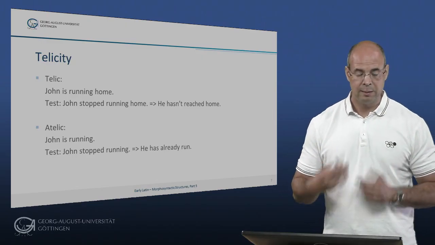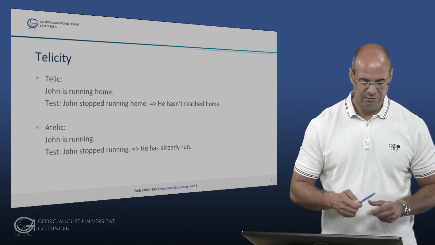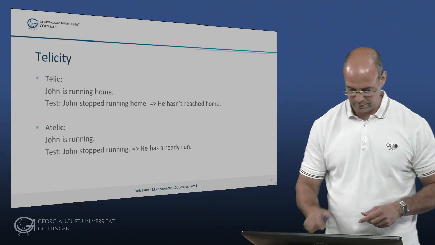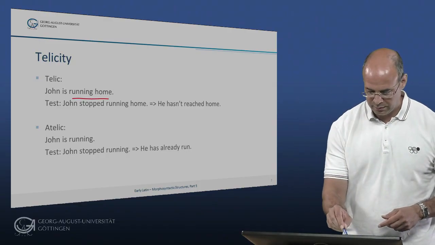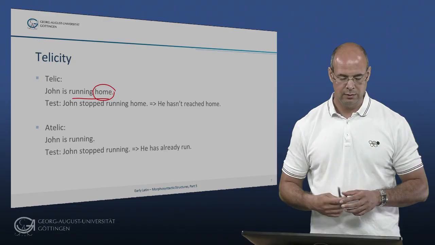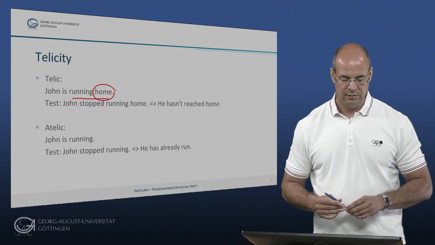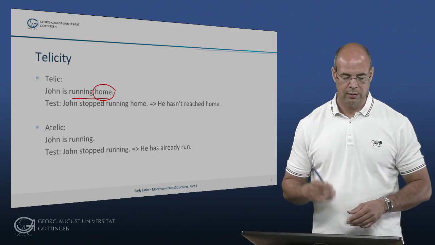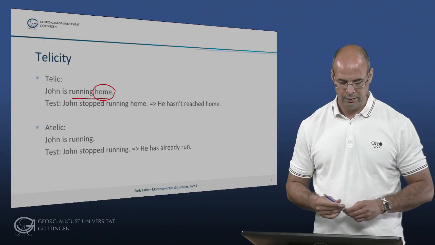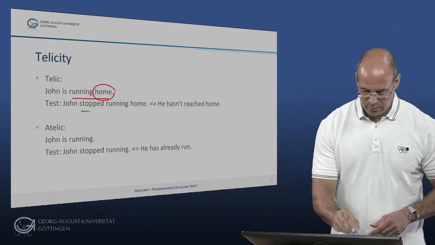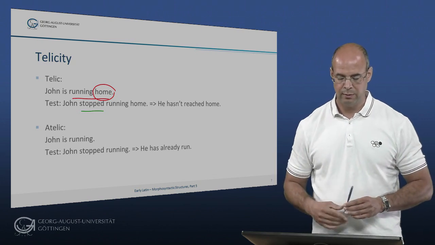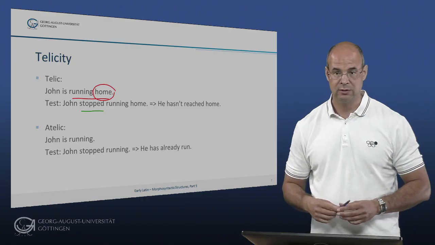And sometimes you can test quite simply. You can have an interruption test. For example, if you have telic to run home, where an endpoint is specified. Here we have the endpoint, and you say John is running home. You can test and see if it's telic or not by saying John stopped running home. And if you stop a telic event, it hasn't reached its endpoint, and that means John hasn't reached home.